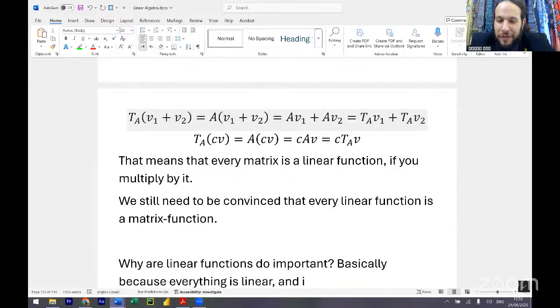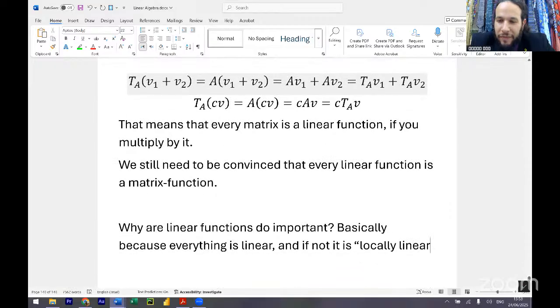And if not, it is locally linear, meaning differentiable, right? We learned in calculus that differentiability is looking linear up close. I'm exaggerating a bit because we do know there are non-differentiable functions, but most things are differentiable, and therefore are locally linear.